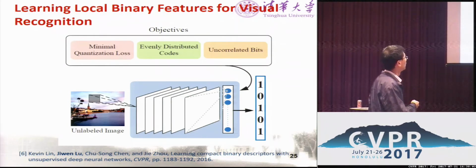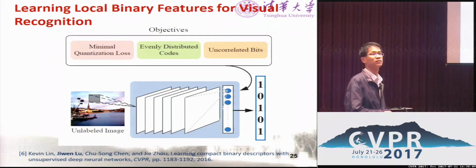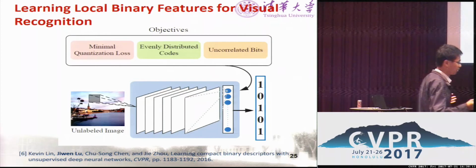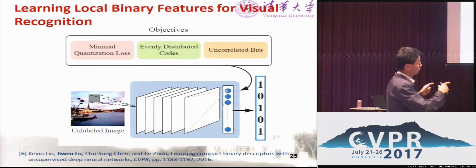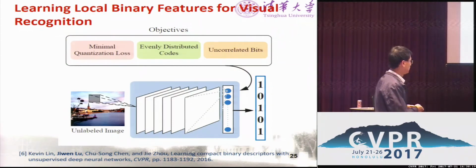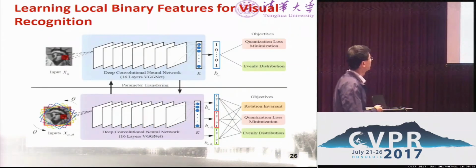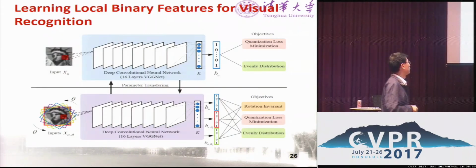For example, given a test image patch, we can feed it into the network, and then we can get a local binary representation. So for image matching or image recognition, we can compute the similarity between the local binary representation and the whole data sets. So the idea is very simple, and we can find it also achieves very competitive performance.